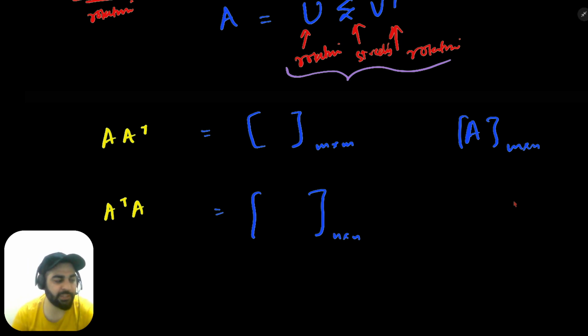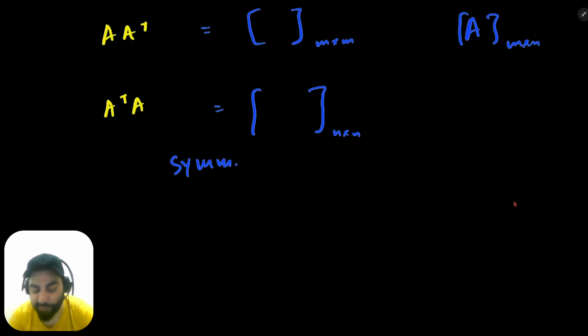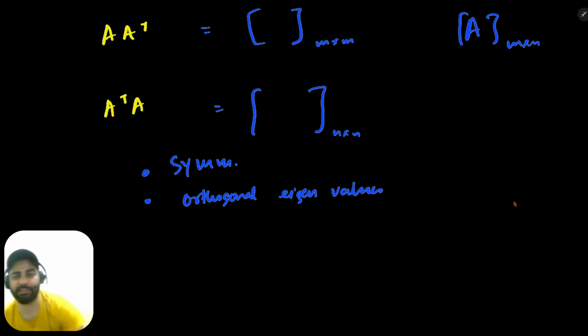The best thing about these is that they are symmetric. That's the first thing, symmetric matrices. What is the property that we saw about symmetric matrices? We saw that these matrices have orthogonal eigenvectors. If you remember from the previous lecture, a symmetric matrix has orthogonal eigenvectors, and the eigenvalues are also real.